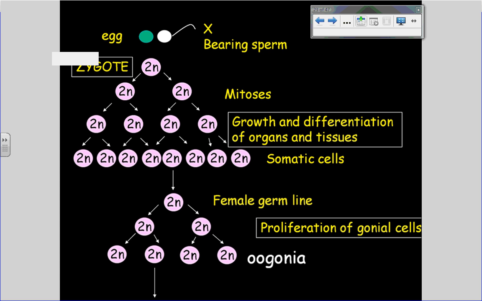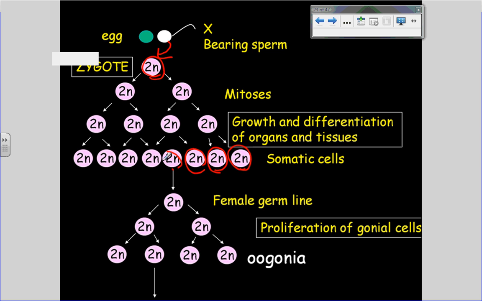For egg cells, on the other hand, we have regular growth and differentiation of organs and tissues to get somatic cells. So this is from the zygote. The egg and sperm come together and are fertilized to form the zygote. It's going to undergo mitosis until we get all the somatic cells that are diploid in the organism.